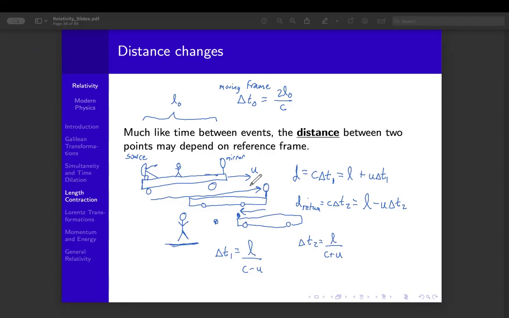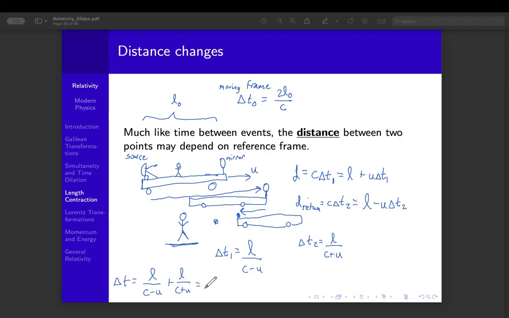It should take more time for the light to go this longer distance compared to the shorter distance from the mirror back to the source. So the total time taken for the light to return back to the source from the stationary point of view is going to be t1 plus t2, so L over c minus U plus L over c plus U. So we call that delta t, just like we did for time dilation.